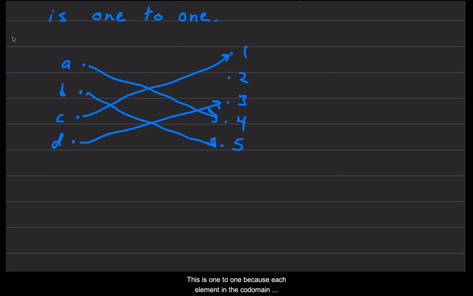This is one-to-one because each element in the codomain maps to only one element in the domain.